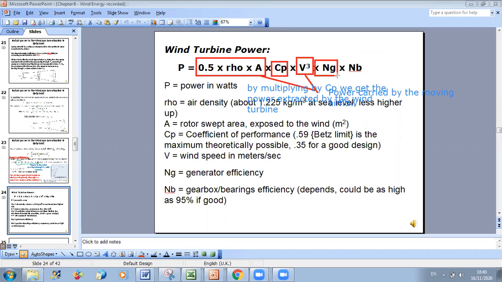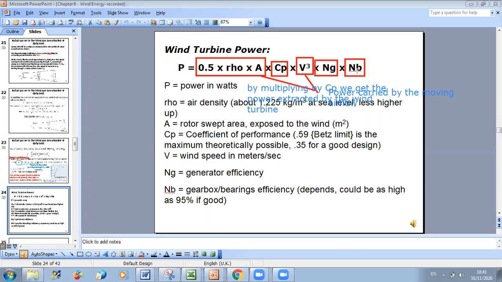The power that we use will be after the generation of electricity, and also, if you want the whole path, we multiply also by gearbox and bearing efficiencies, because these are present within our turbine. We have inside a box containing the gearbox and the bearings, which help to transfer the mechanical energy into rotation, and then the rotation is transformed by the generator into electricity.